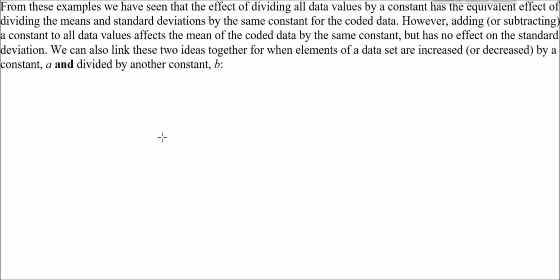No effect at all. So we can also link these two ideas together for when elements of a dataset are increased or decreased by a constant, a, and divided by another constant, b. So here are the general results in a nice lovely yellow.